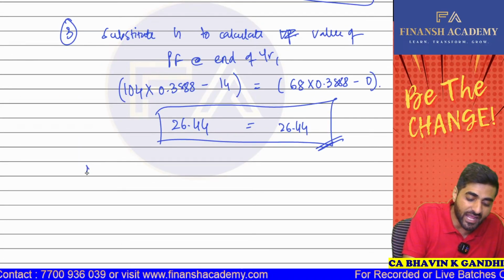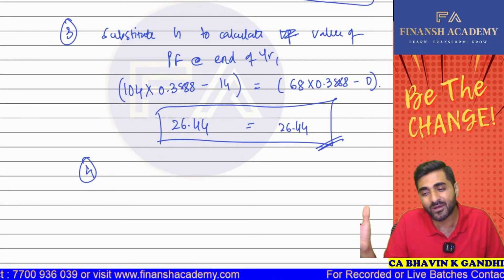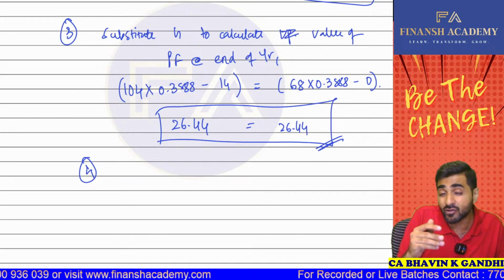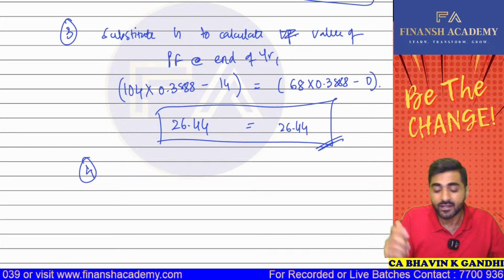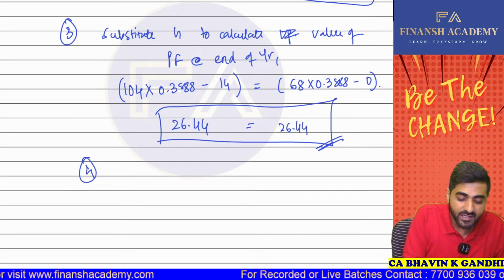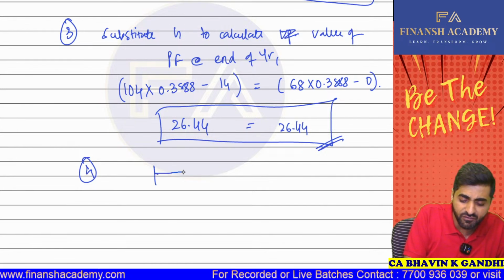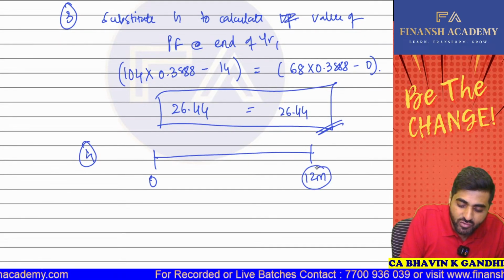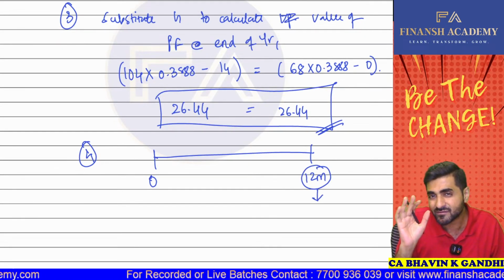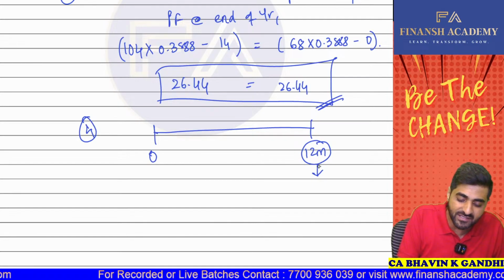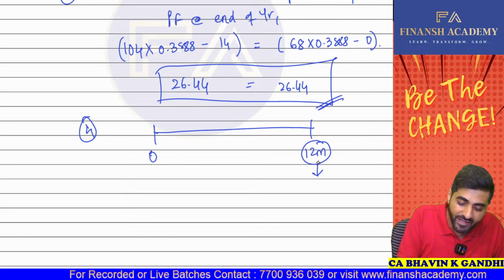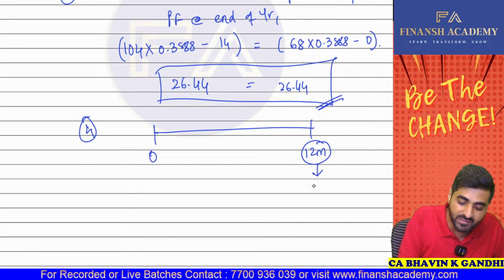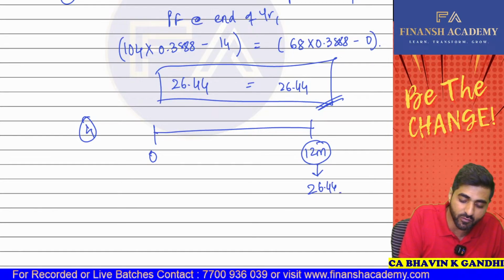Now, my dear students, I have the value of the call at the end of year one. I have the value of the portfolio at the end of year one. So can I put it like this, that if this is 0, this is 12 months. Suppose at the end of 12 months this is the value 26.44.